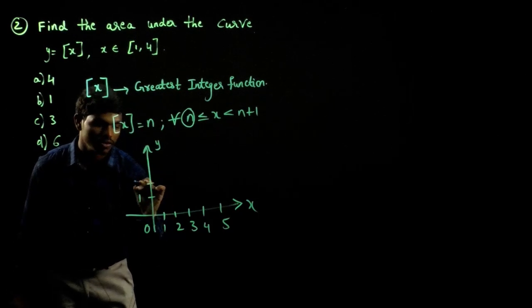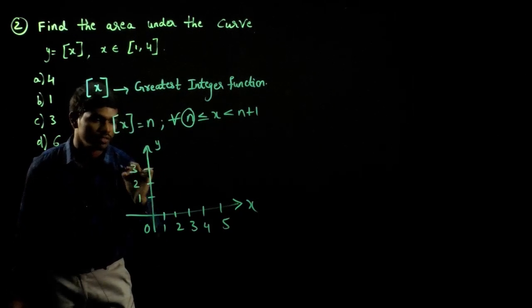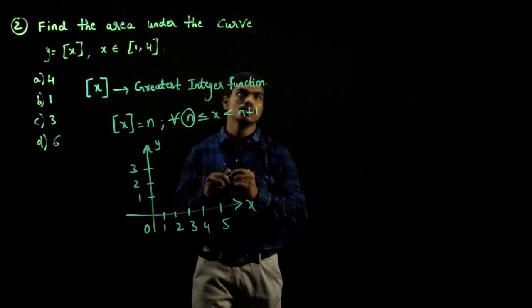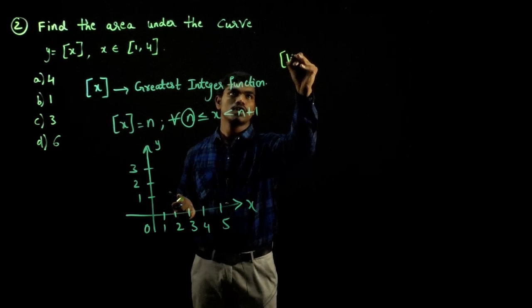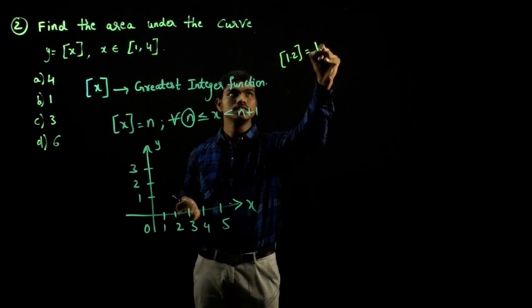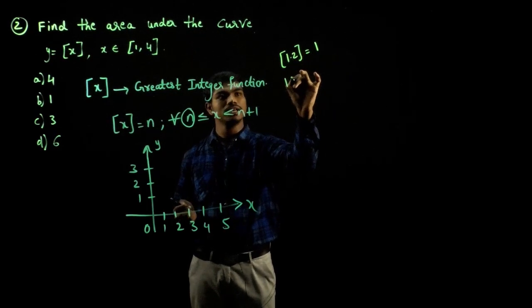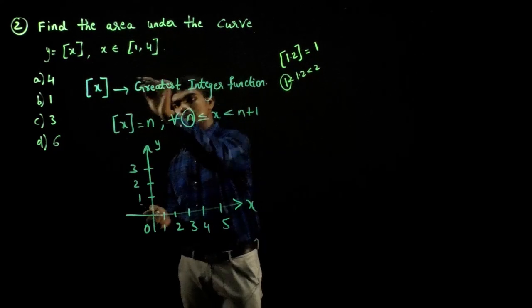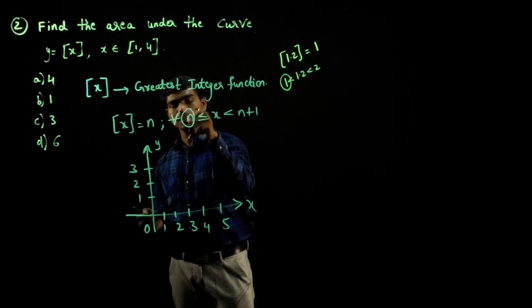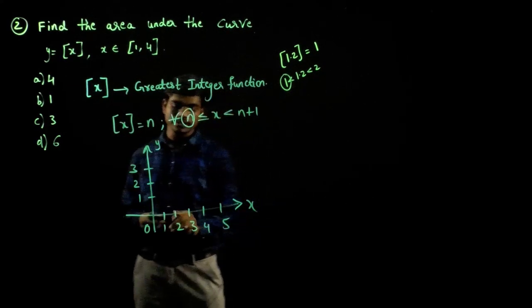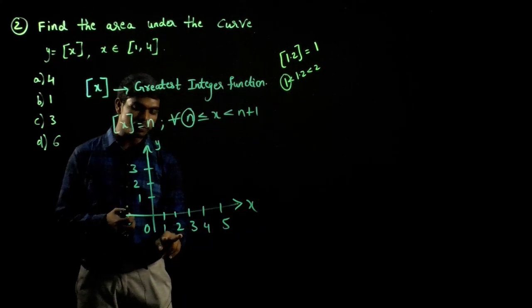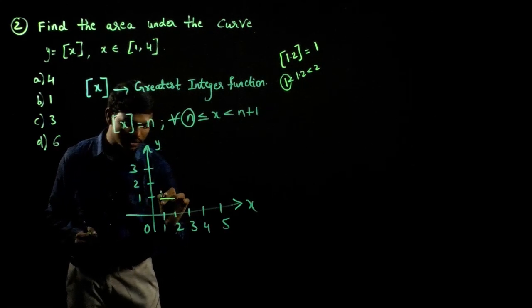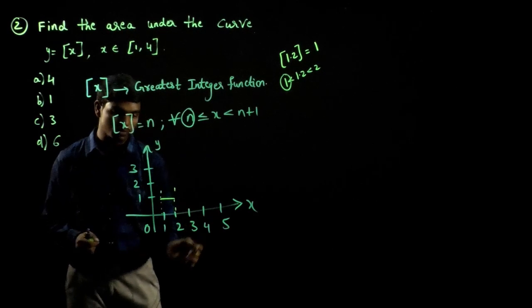For example, if I ask you what is the integer part of 1.2, the answer is 1, because 1.2 lies between 1 and 2, and we take the leftmost integer, n. So for every value between 1 and 2, the value of the integer part function is 1.